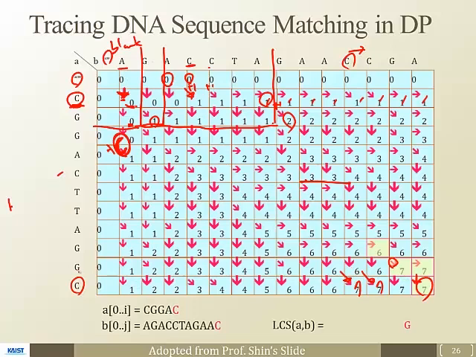We hit diagonal here, so G and G match it up, right? We hit diagonal here, and here is G and G match it up, right? So we add G here, and then next thing is that this diagonal is coming from another diagonal, A and A matches up.